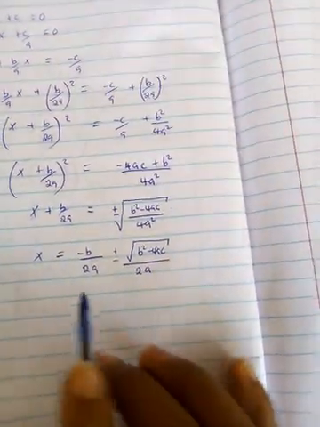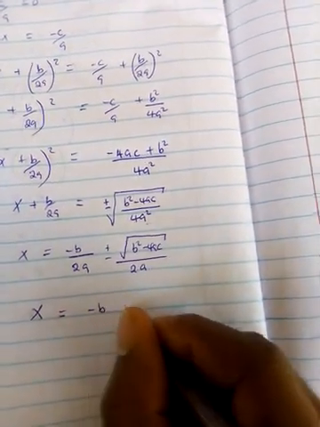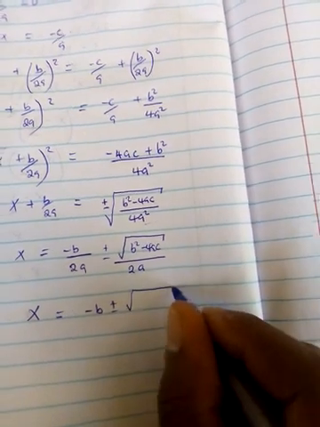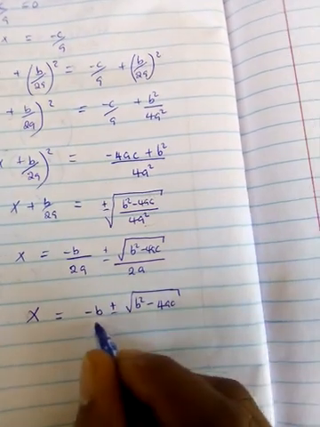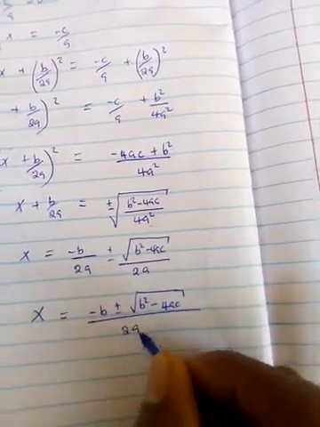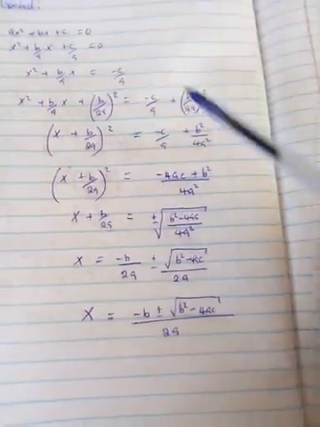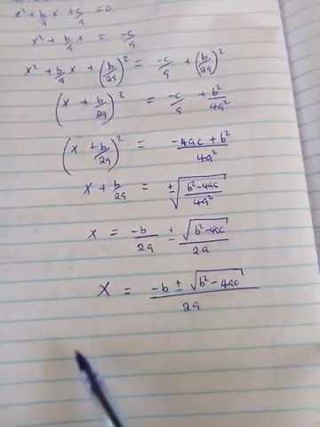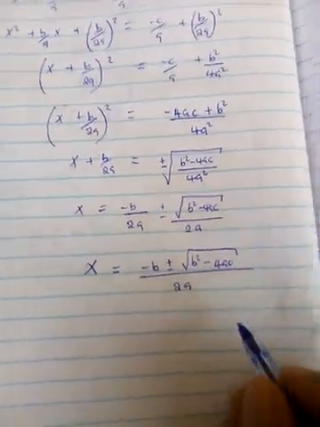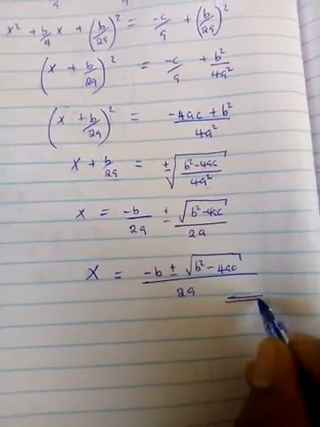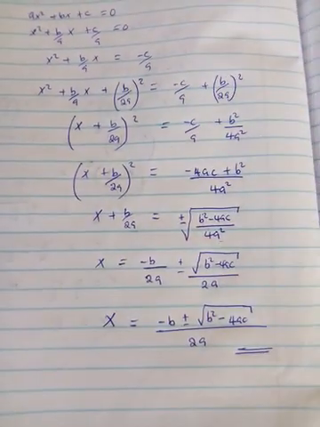The LCM can be maintained as 2a, so that x is equal to negative b plus or minus the square root of b squared minus 4ac, all divided by 2a. In other words, if I have any quadratic equation where I know the a, b, and c values, I can simply write this formula, then I get x1 and x2 directly. This is what you usually called the famous bulldozer method.